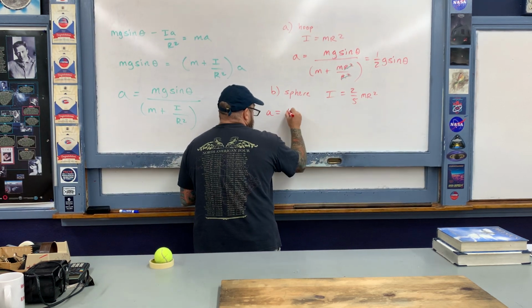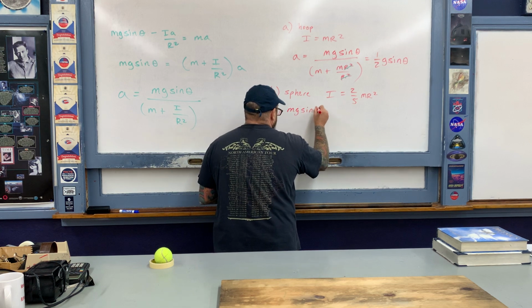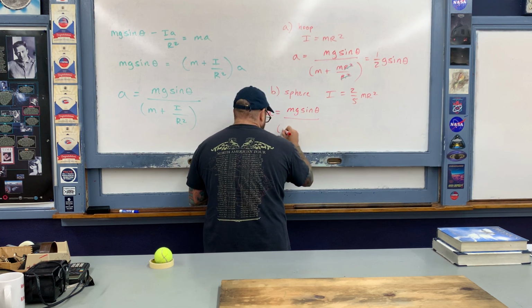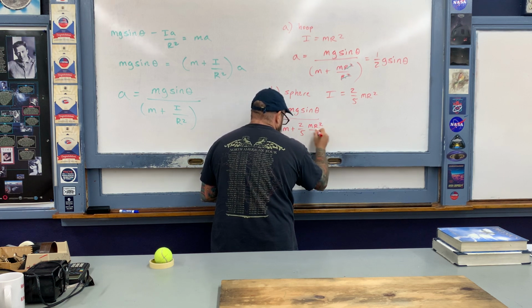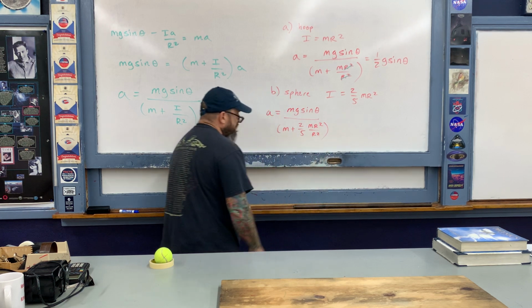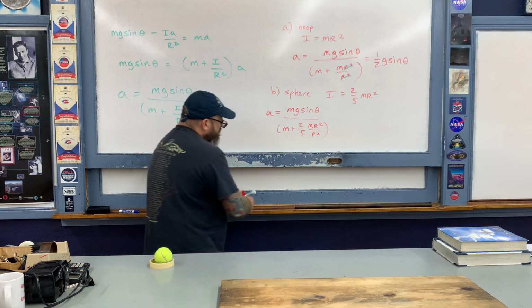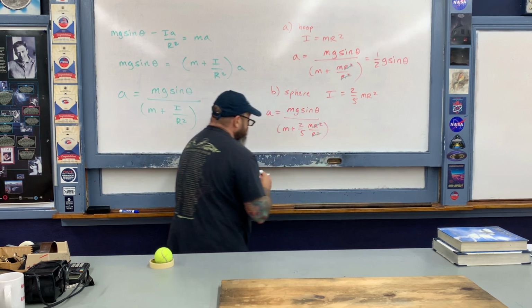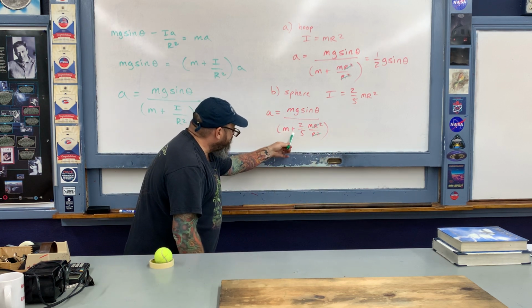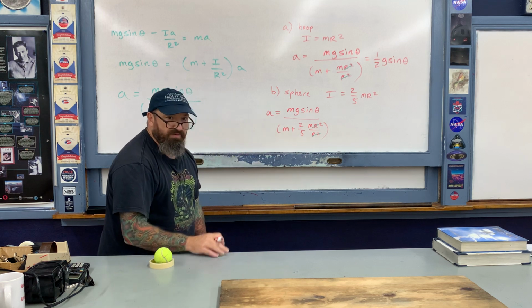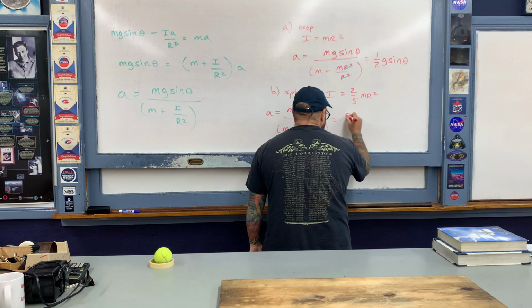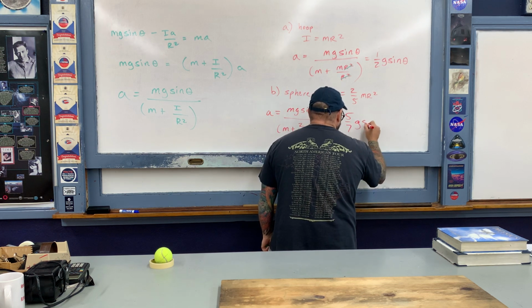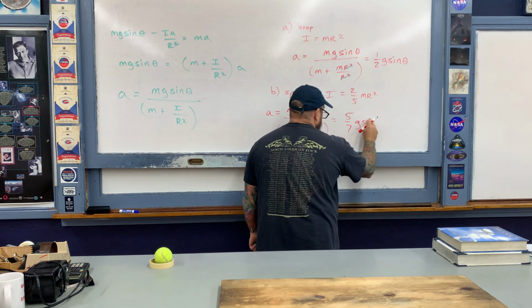So the acceleration is mg sine theta, divided by m plus 2/5 mr squared over r squared, like so. The r squareds cancel out, and then you have 5/5 plus 2/5 is 7/5 m. The m's cancel out, do a little bit of math, and this is 5/7 g sine theta, like so.